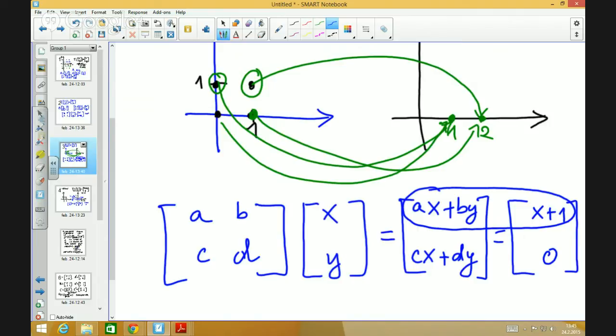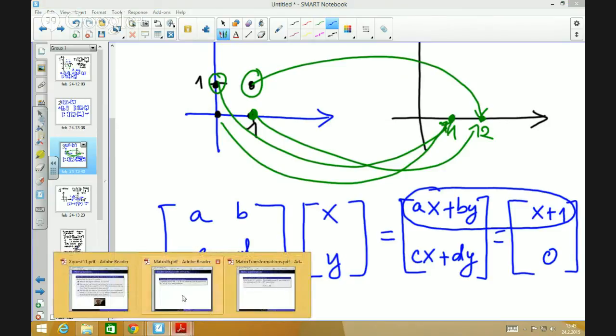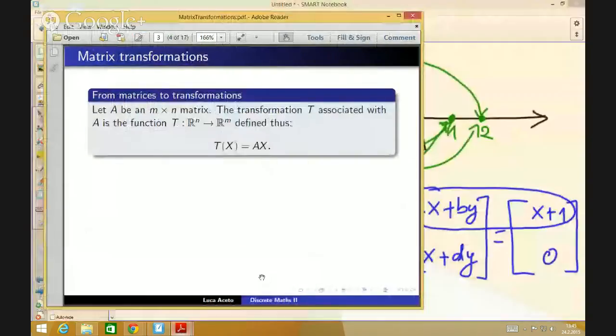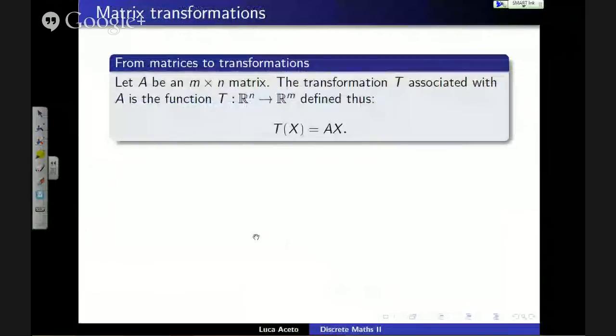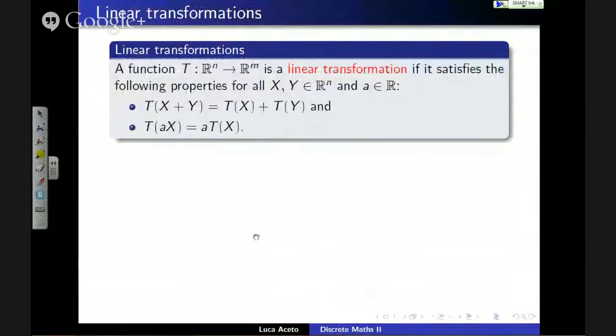Now, what do I mean by really, really nice? I mean that they look like this. They are functions that we call linear.